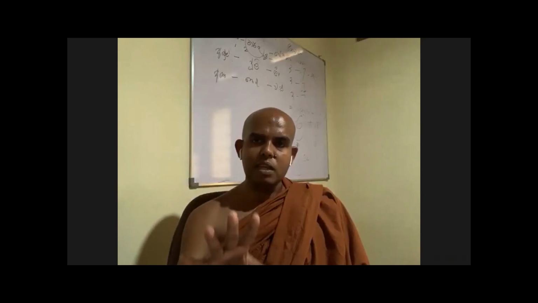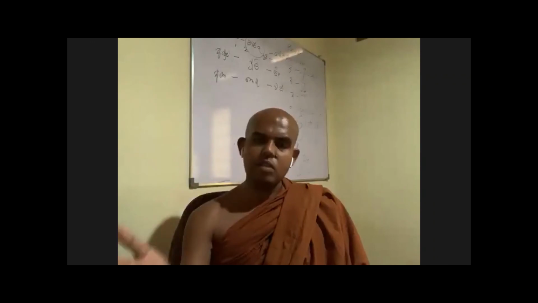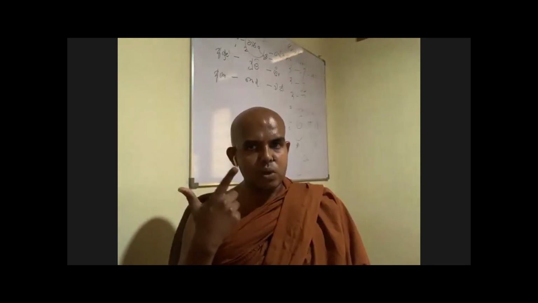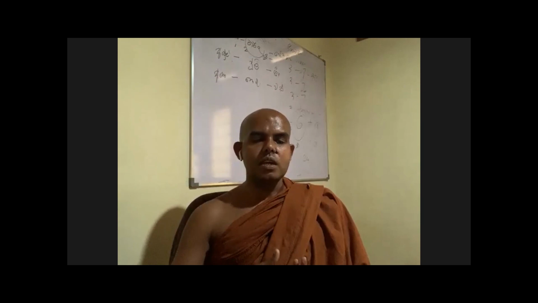If you know clearly the meaning of the 28 types of rupa, then it is very easy to classify according to the Dhammasangani book. This is also very useful to develop our Dhamma knowledge, and in future our vipassana knowledge.